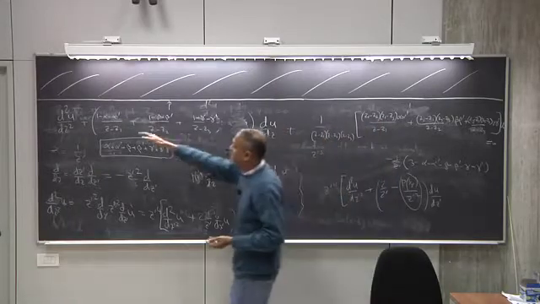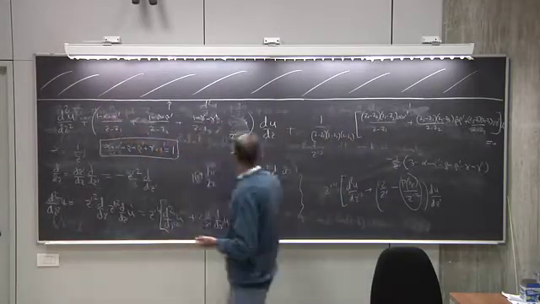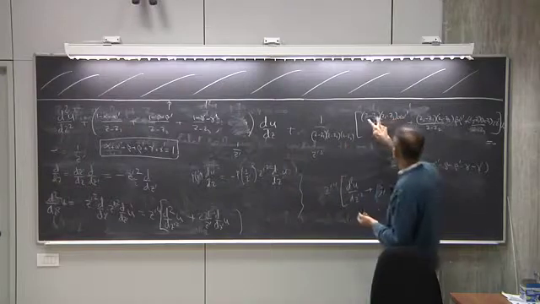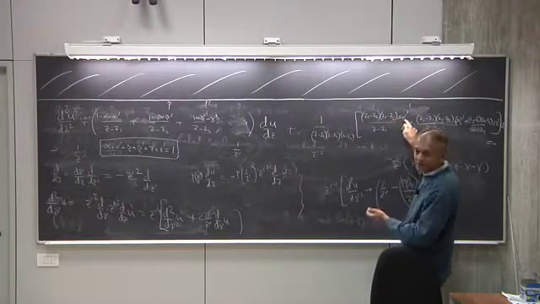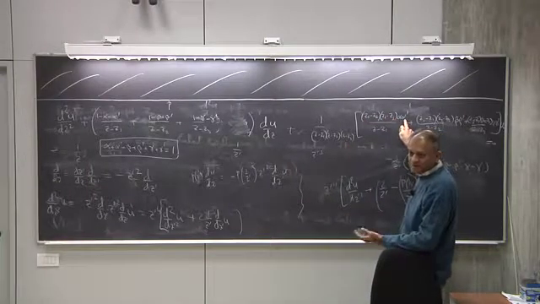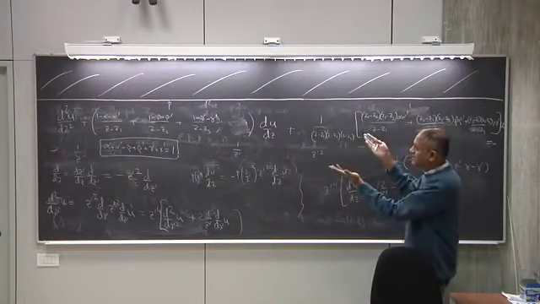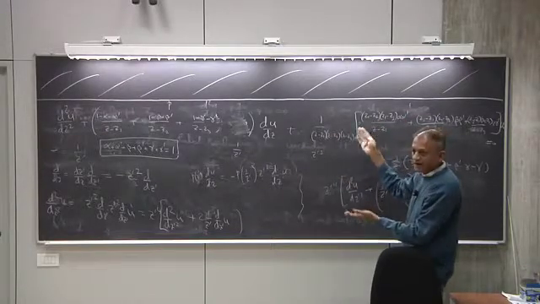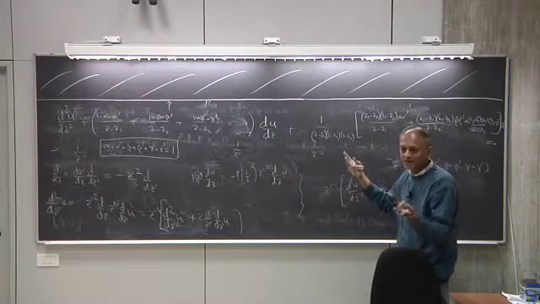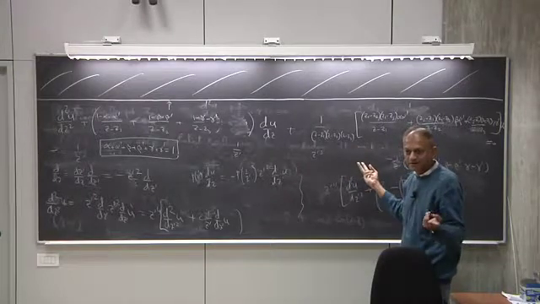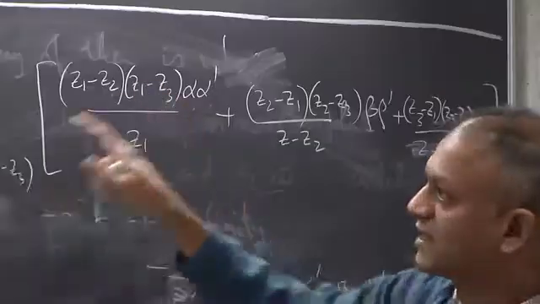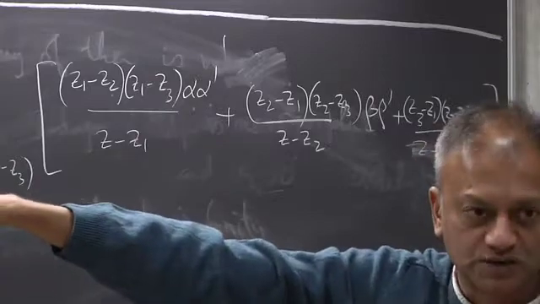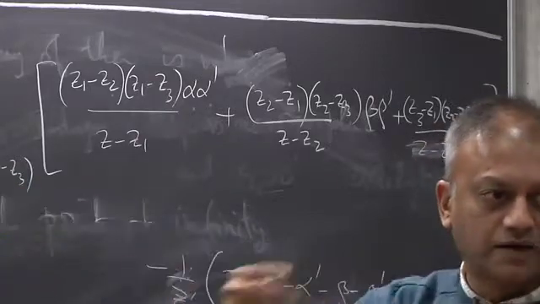I'm calling C1 as 1 minus alpha prime, and this C4 as this times that times alpha prime, right? That is no problem because I have two parameters here, C1 and C4. I'm expressing in terms of, again, two parameters, alpha and alpha prime. That's all. Z1, Z2, Z3 are fixed, because those are the positions of the singularities, right? So I have two constants.